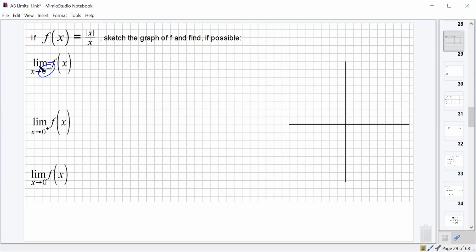This is the one-sided limit of absolute value of x over x. So if x is approaching 0 from the left-hand side, what does that tell you specifically about all of the x values? They're negative. They're always negative, right? x is always less than 0, no matter what. Every x value is less than 0.